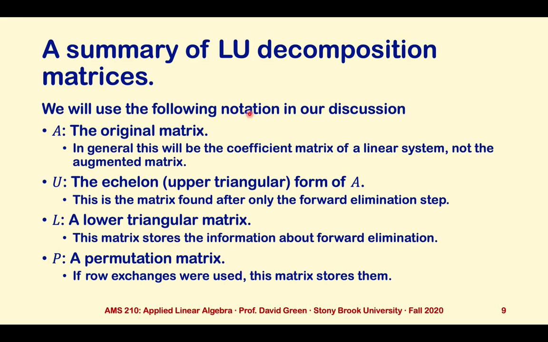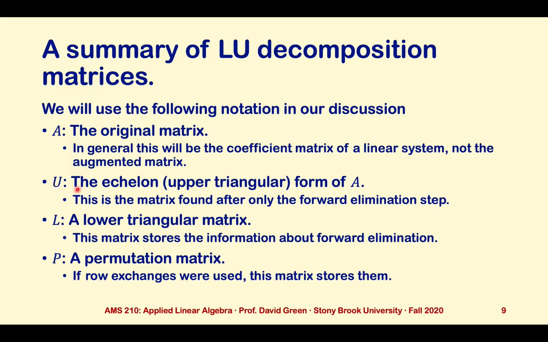In general, this is a coefficient matrix, not an augmented matrix. We don't apply LU decomposition to an augmented matrix because we need to be able to apply it to different right-hand sides. The coefficient matrix is fixed for a given system, and so we're going to set that as A.